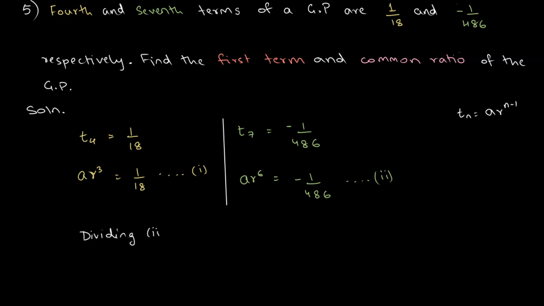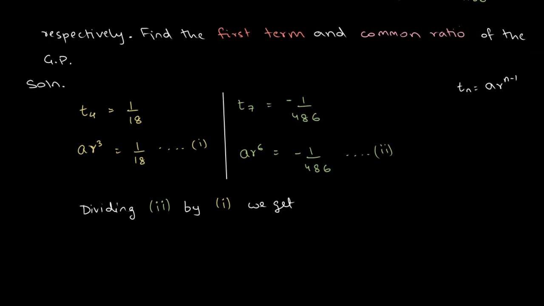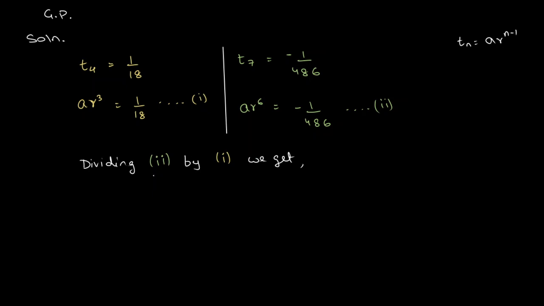So dividing equation number 2 by equation number 1, on the left hand side it will be ar raised to 6 divided by ar raised to 3, that is equal to, on the right hand side, negative 1 upon 486 divided by 1 upon 18.